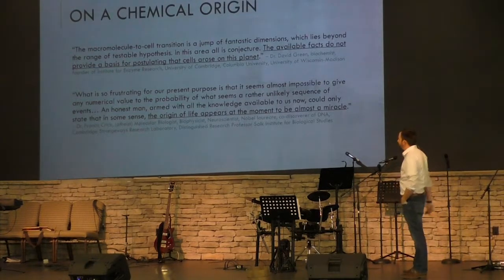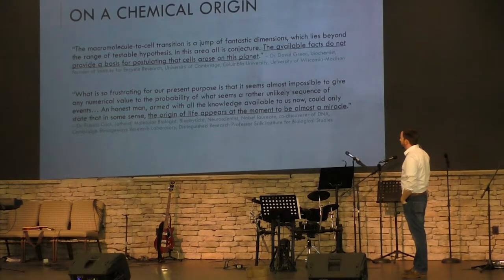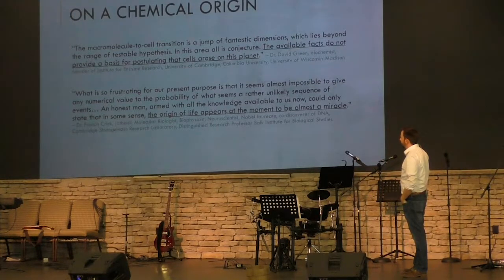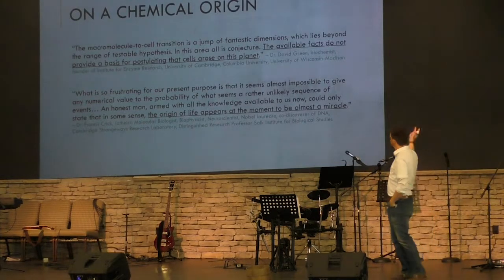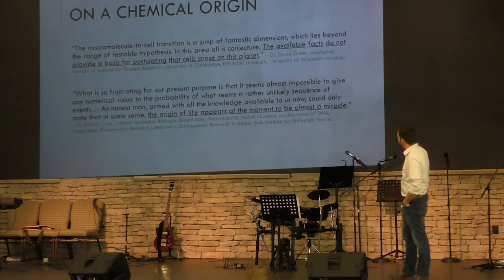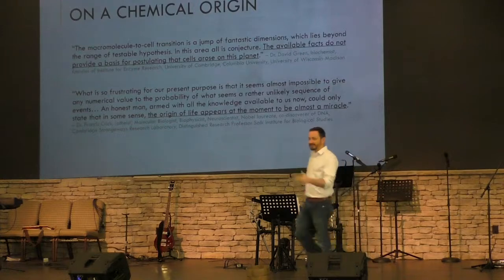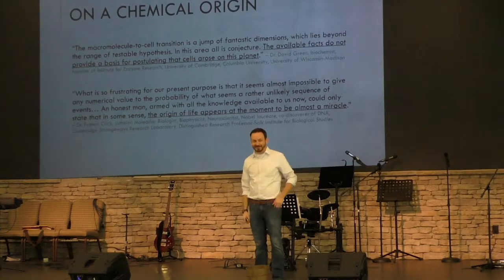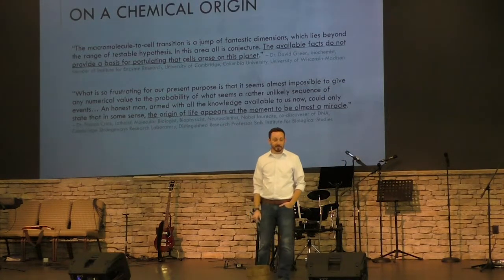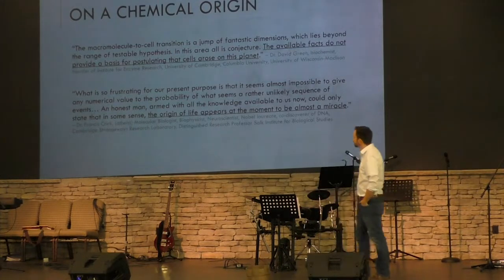The available facts just don't provide a basis for postulating that cells arose on this planet. So a biochemist, some smart dude who's in the Institute for Enzyme Research in Cambridge, and then also Columbia University, and also the University of Wisconsin-Madison, said, it just seems so unlikely it happened on Earth. It must have happened somewhere else.